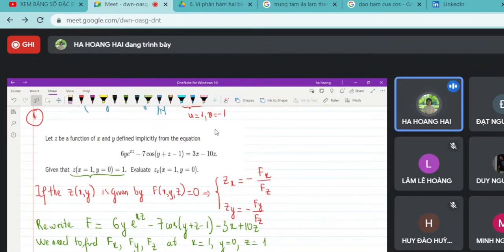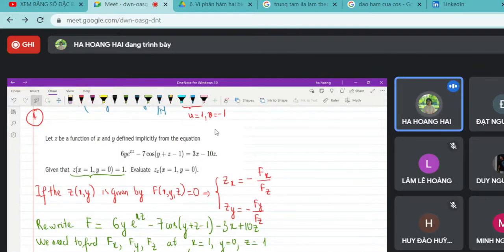It becomes 7 cosine, right? We have y plus z equal 2, so here we have cosine 1 minus 3x plus 10. After fixing, we take the derivative of this function, which is equal to minus 3.